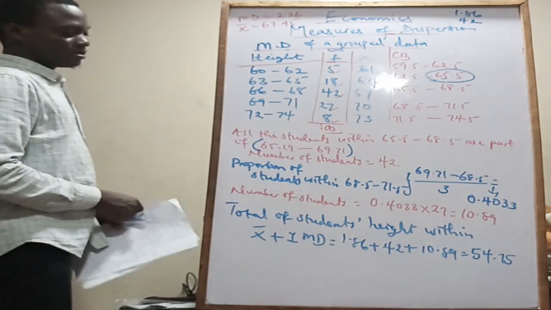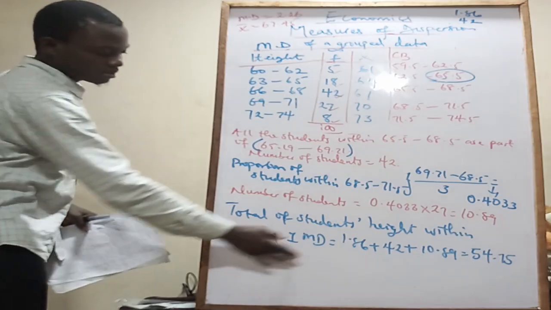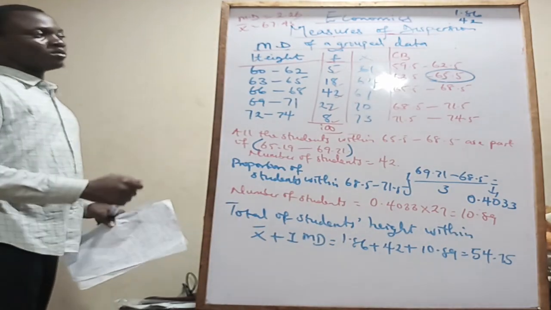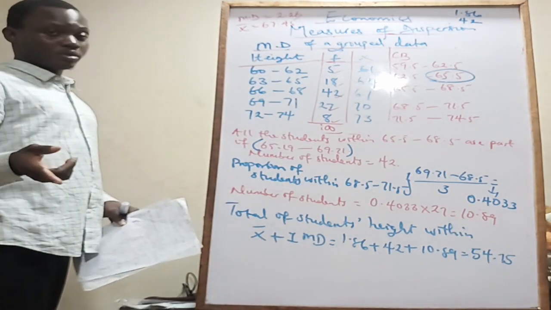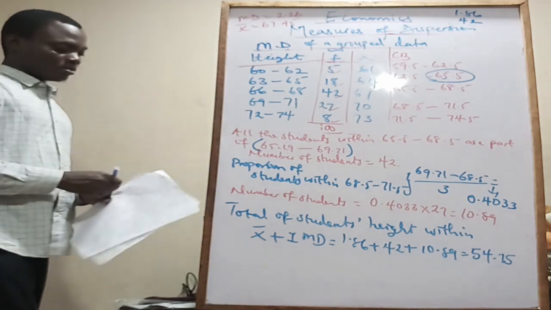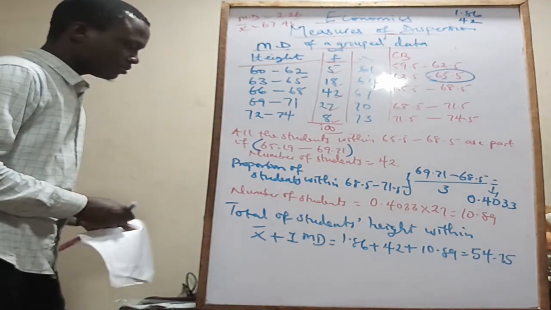So how do we get that? To get the percentage, it is the number of students that fall within the interval over the total number of students.